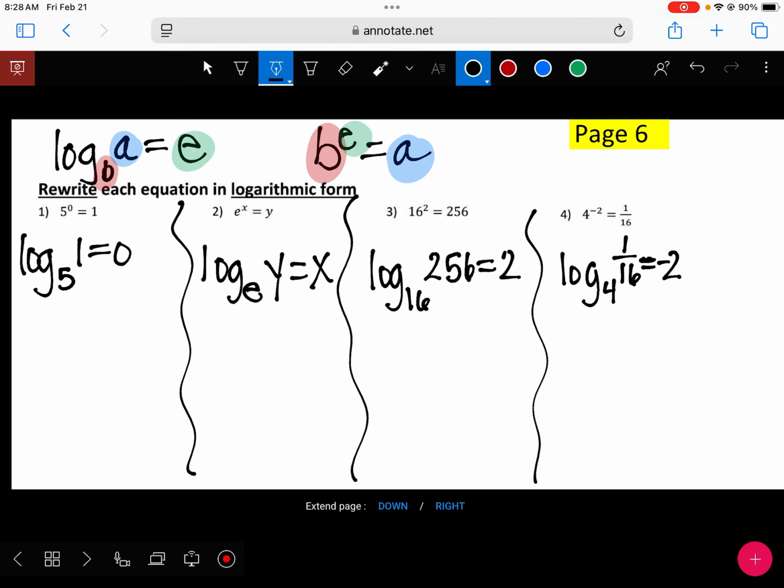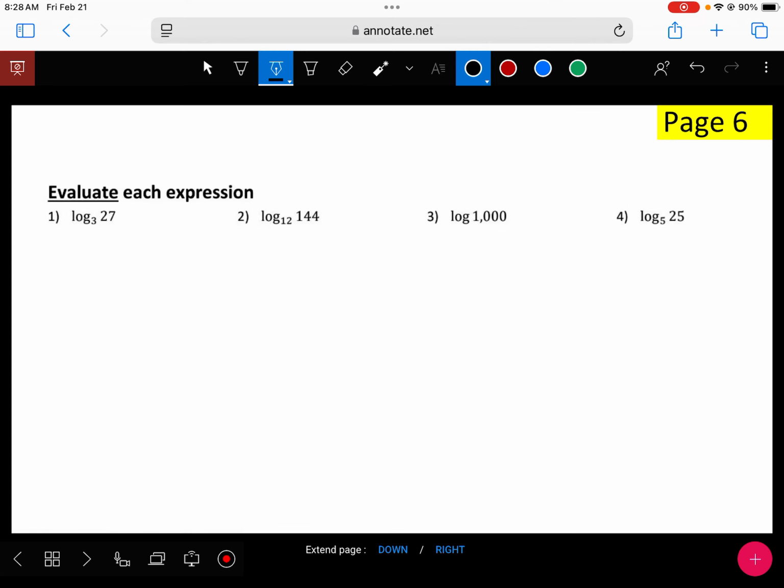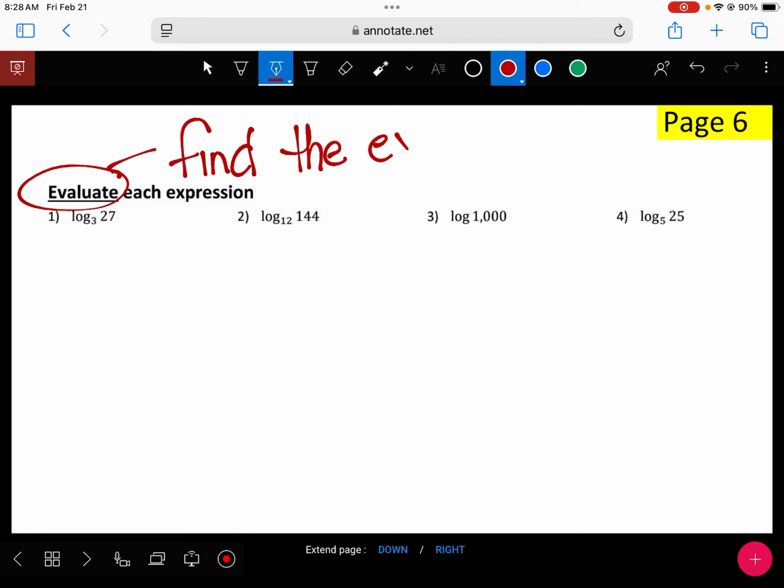All right, so now is the row we skipped on our homework. Let's talk about what it means when it asks us to evaluate. When you see the word evaluate, that means find the exponent. That's what it's telling us to do. They didn't tell us what the exponent is. They want us to figure it out.